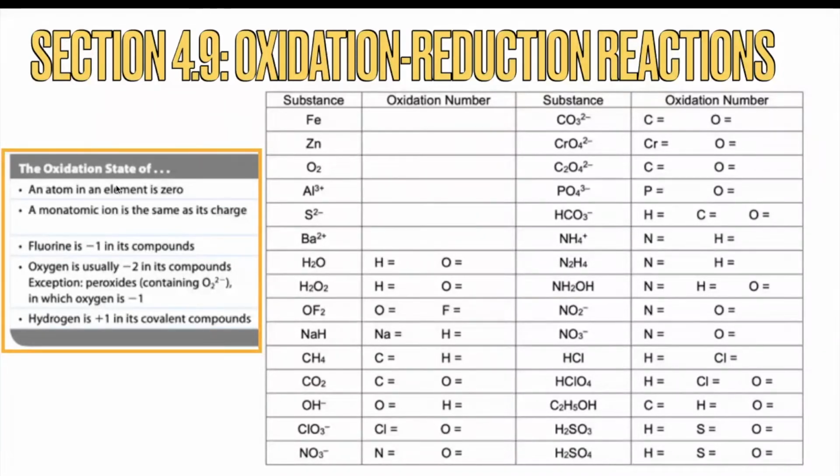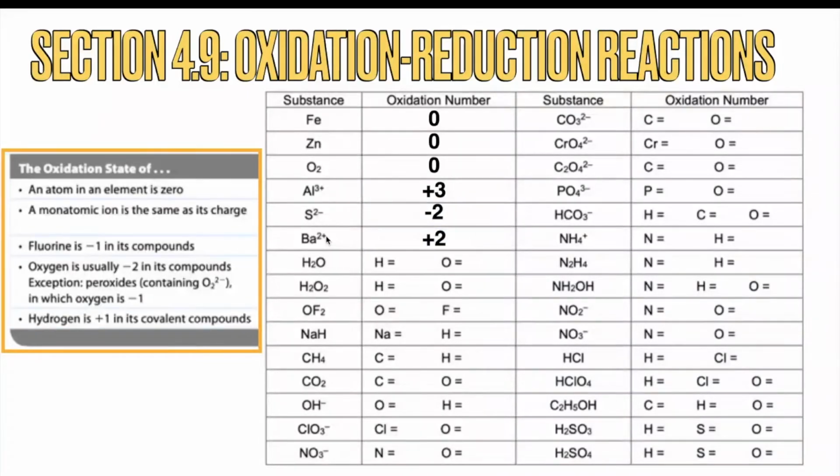Okay, so rule number 1, an atom in an element is 0. That means iron by itself should be 0, zinc by itself should be 0, oxygen should be 0. That's O2, by the way. This second rule says a monatomic ion is the same as its charge. So an aluminum ion should be a +3 oxidation number. Sulfide ion should be a -2.